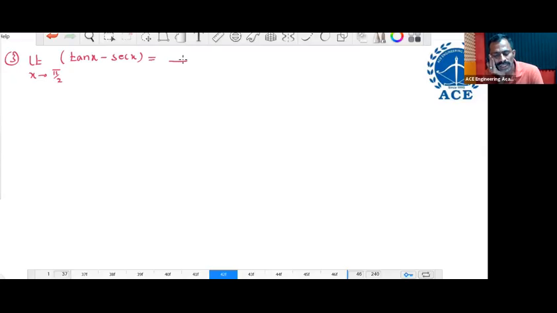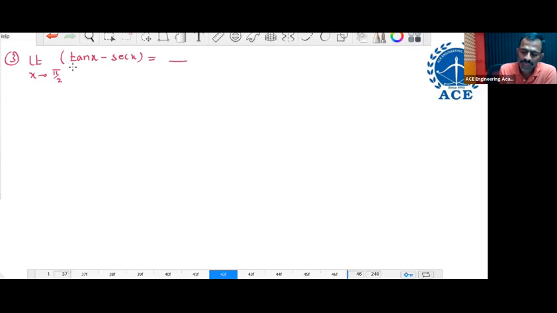This function is not containing modulus, not containing step function, it is not becoming infinite, and it is not given along with a condition for x. So we cannot go for the LHL equal to RHL method. Then we have another method, direct substitution or L'Hospital. But to apply L'Hospital, one of the indeterminate forms should occur here. Now we check whether it is possible or not.